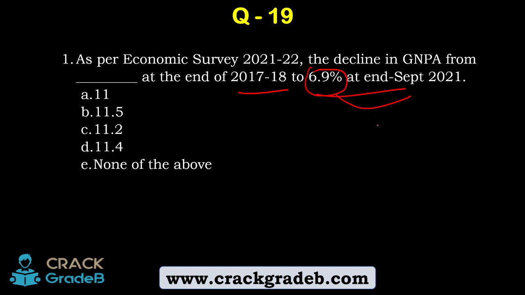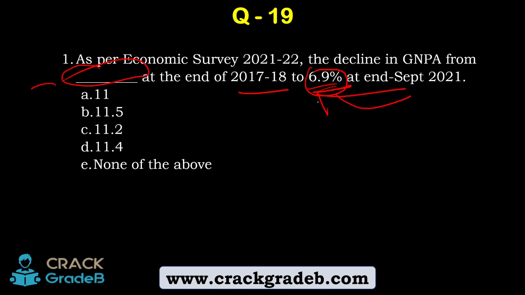But at times, when there are two data points, instead of asking the current data, the previous data can also be asked. Here we are not telling you that this is one of the important questions, but we are trying to make you understand how to read and how to retain, right? So when you read this, please try to retain this data as well.